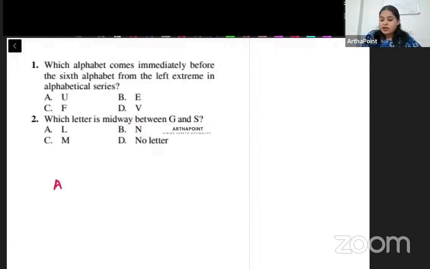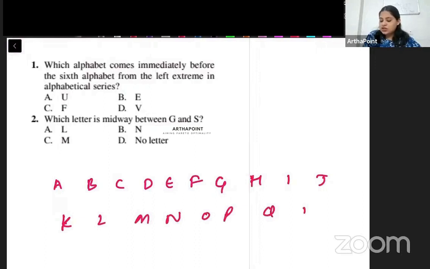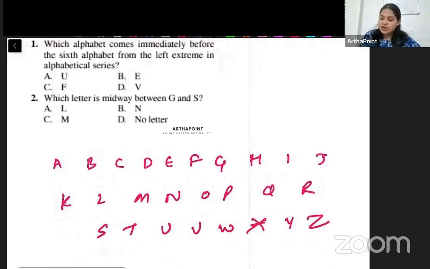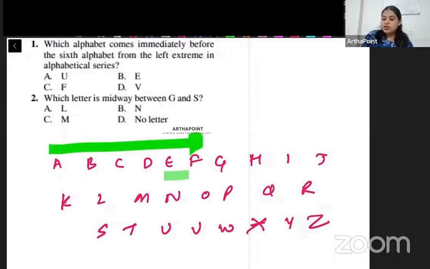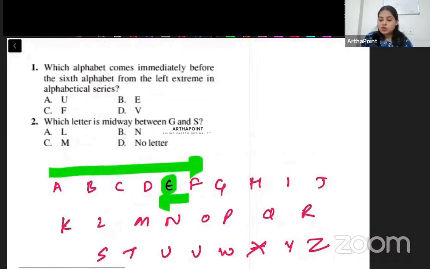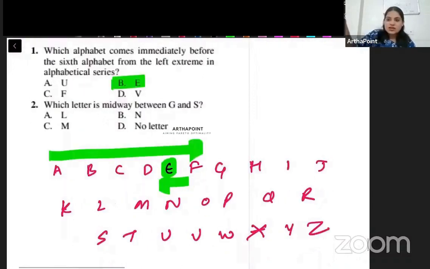So write it out, beta: A, B, C, D, E, F, G, H, I, J, K, L, M, N, O, P, Q, R, S, T, U, V, W, X, Y, Z. Sixth, we have to go from the extreme left in the alphabetical series, which means this will be E. So answer to this question is going to be E. You go 6 here and then take the one to the left of that. That gives you E. Okay.